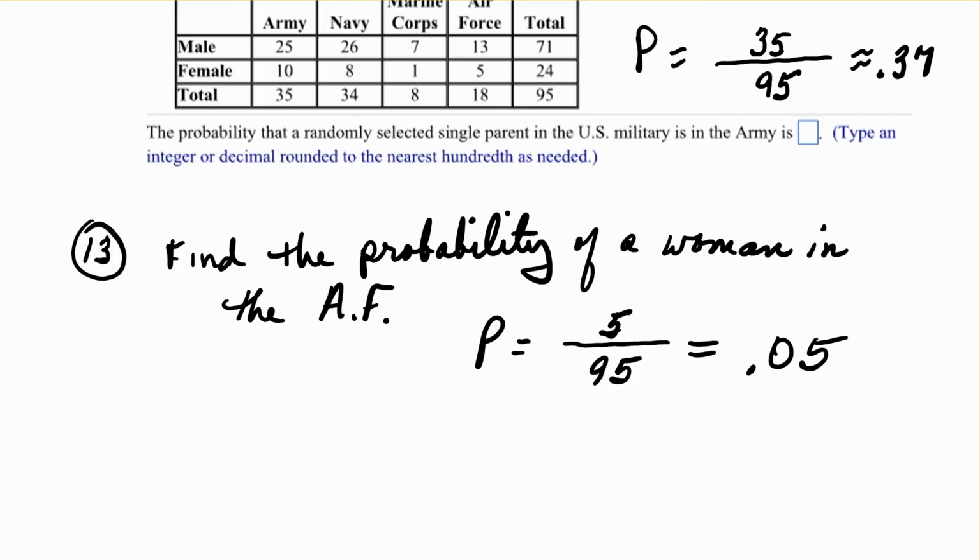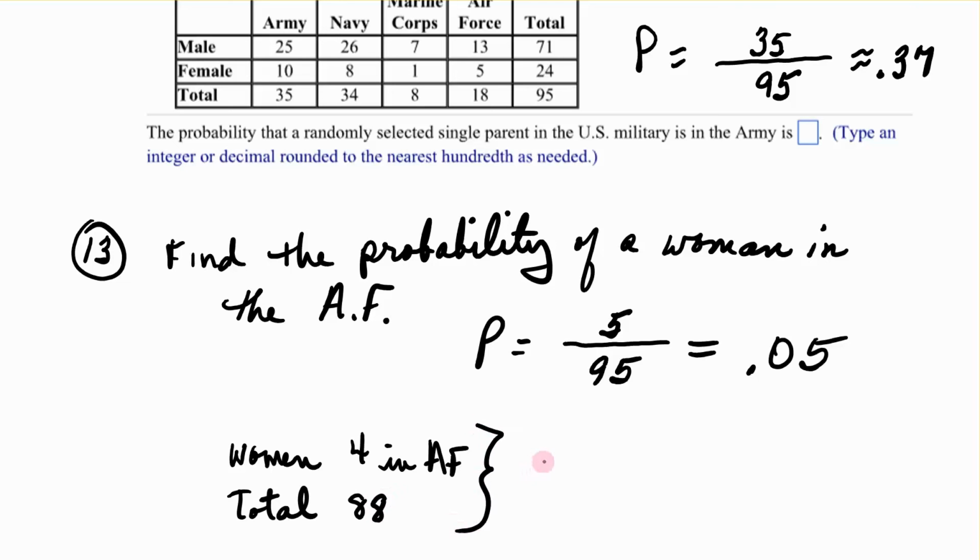I will tell you that in your notes, and I apologize for this, this is the one problem, number 13, where the chart is different. In the chart, the total number of women in the Air Force is 4, and the total single parents is 88. So if you were to look at the printed notes, this probability would be 4 out of 88. I am sorry.